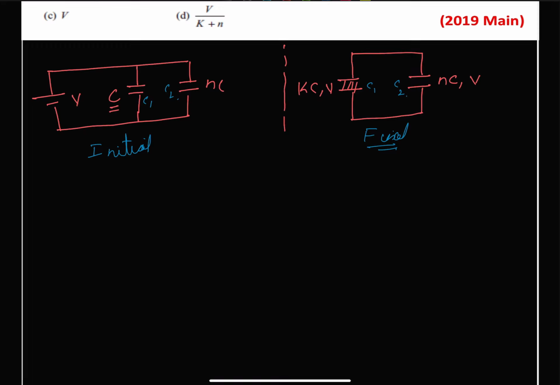And let's find out the amount of charge in the initial condition.